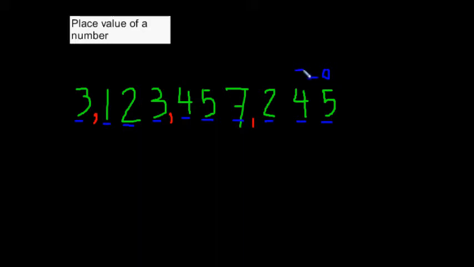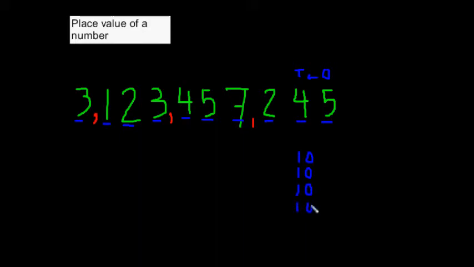Then the next digit to the left is tens. Why tens? Because there are 4 tens. So we have 1 ten, 2 tens, that means 20, 3 tens, 4 tens.